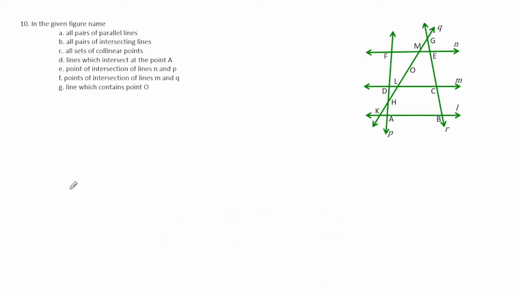So we have L and R. L and R are intersecting at point B. So point B is the point of intersection. So L, R. Then we have L and P. Over here L and P are intersecting at point A. So A will be the point of intersection.